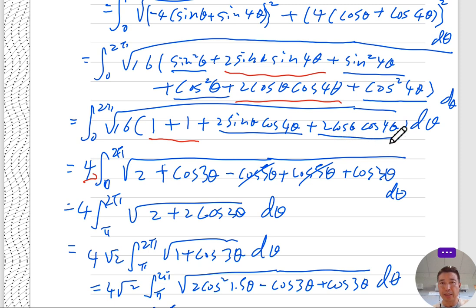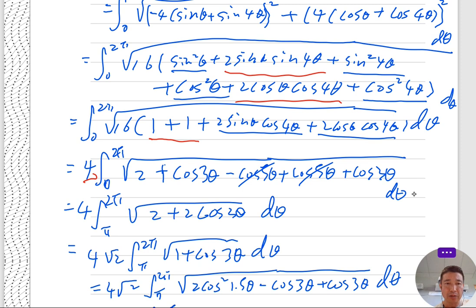And 2 cosine theta cosine 4 theta becomes cosine 5 theta plus cosine 3 theta, and d theta. So minus cosine 5 theta and plus cosine 5 theta cancel out. And what is left is square root of 2 plus 2 cosine 3 theta.